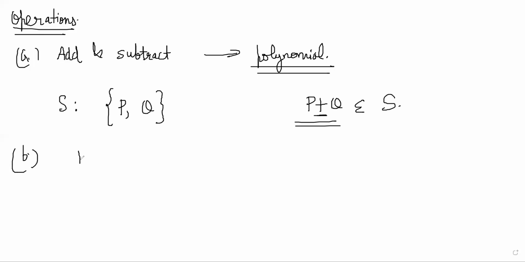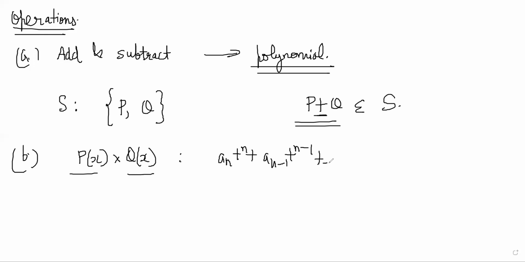Multiplication of polynomials, I'm sure everyone is aware of. You just multiply term by term. So basically, if you have a_n t^n plus a_(n-1) t^(n-1) and so on till a_1 t plus a_0, and I have to multiply this with b_n t^n plus so on, I will just multiply term by term.